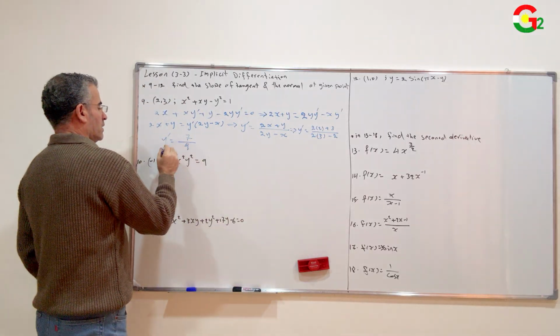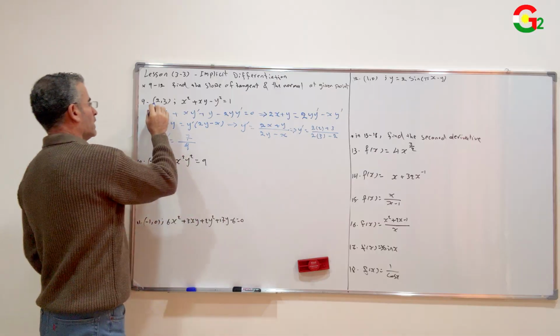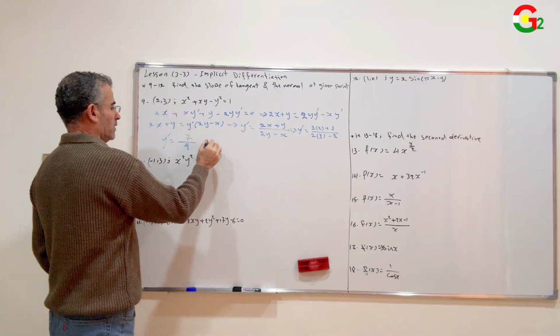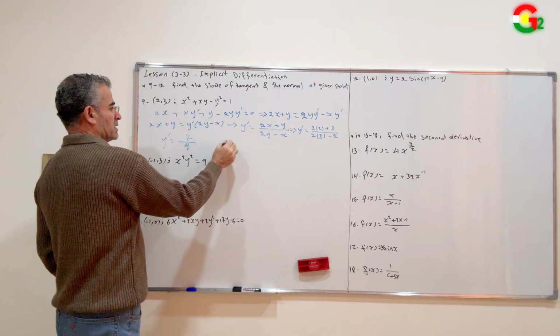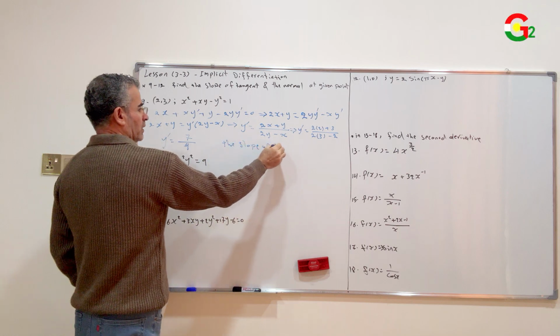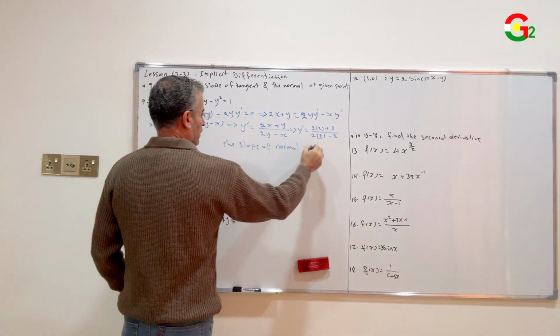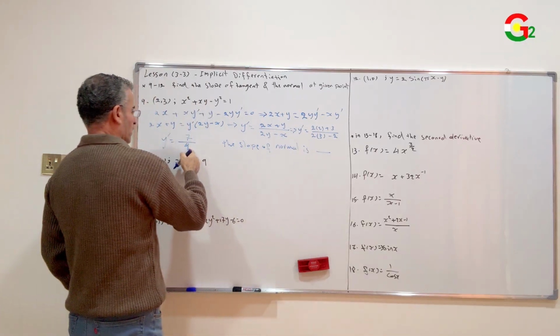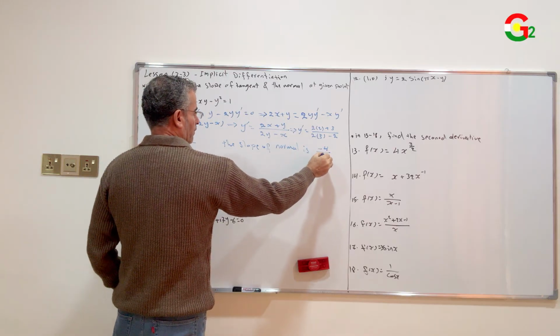This is the slope of the tangent line at the point 2, 3. And for the normal, the slope of normal is the negative reciprocal of this value, negative 4 over 7.